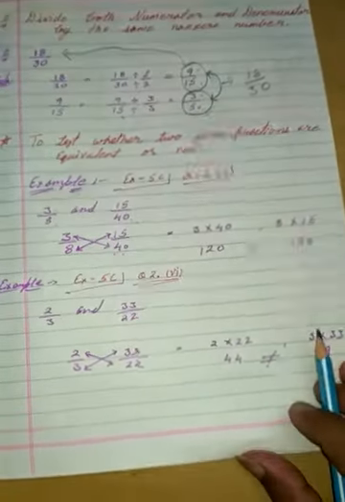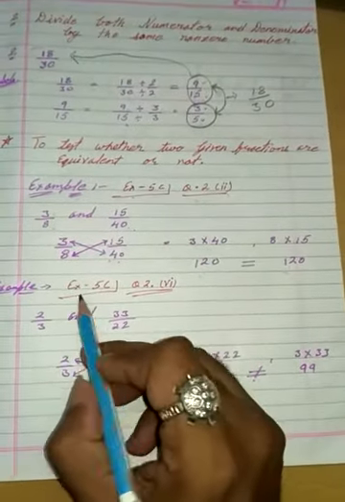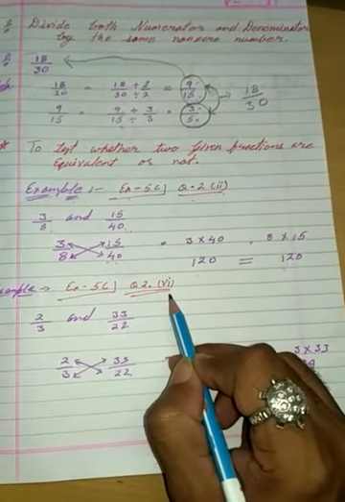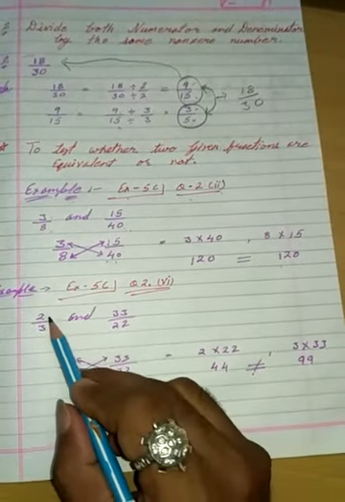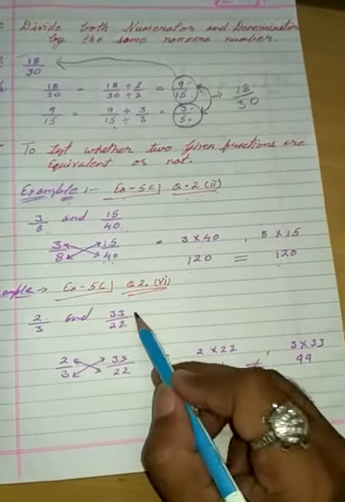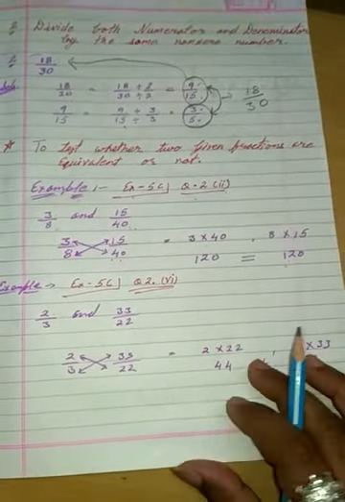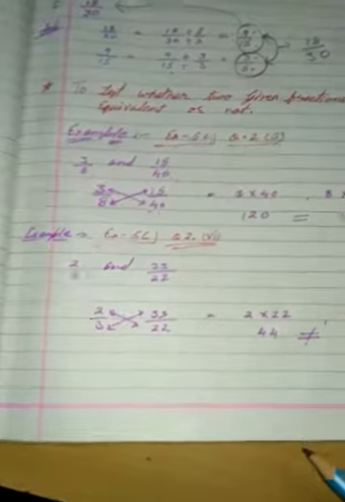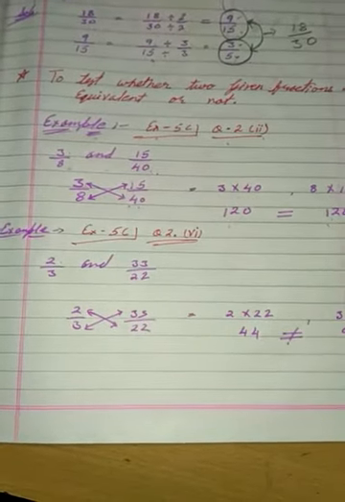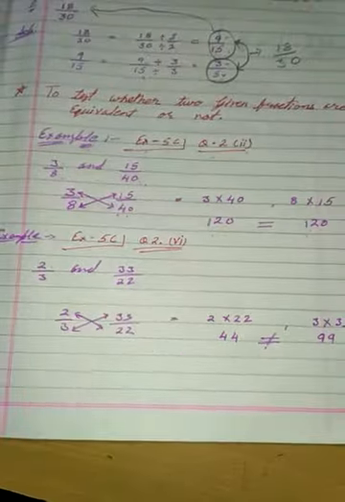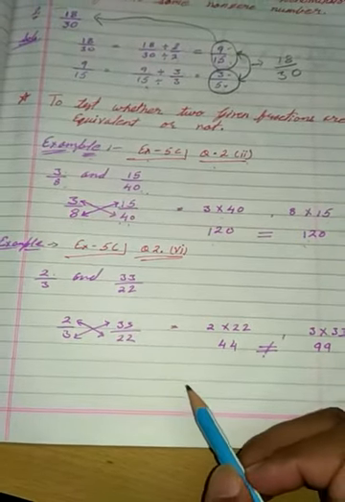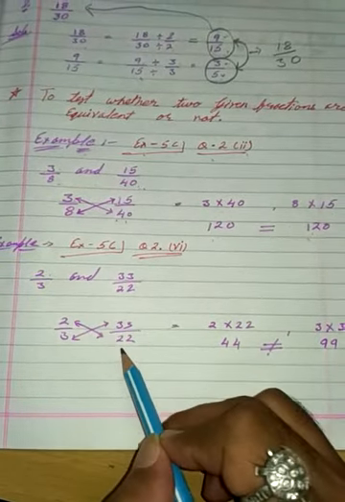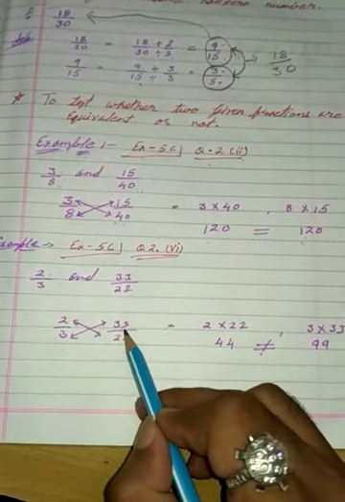Now we take another example. It's also an exercise question, exercise 5C, question 2, part 6. 2 upon 3 and 33 upon 22, these are the fractions. How will you do it? You will cross multiply them. We will multiply 2 by 22 and 3 by 33.